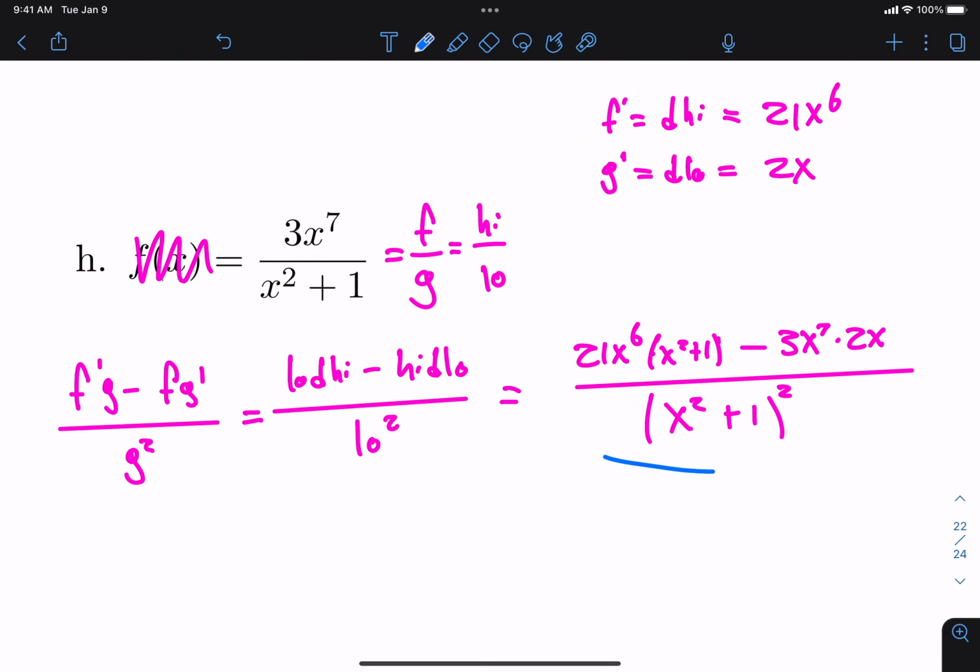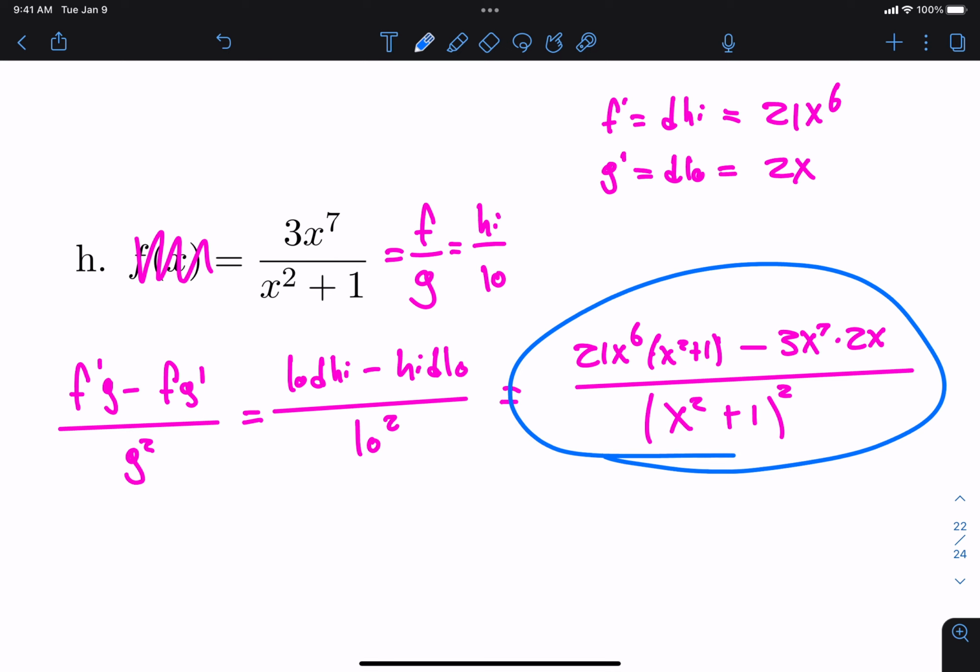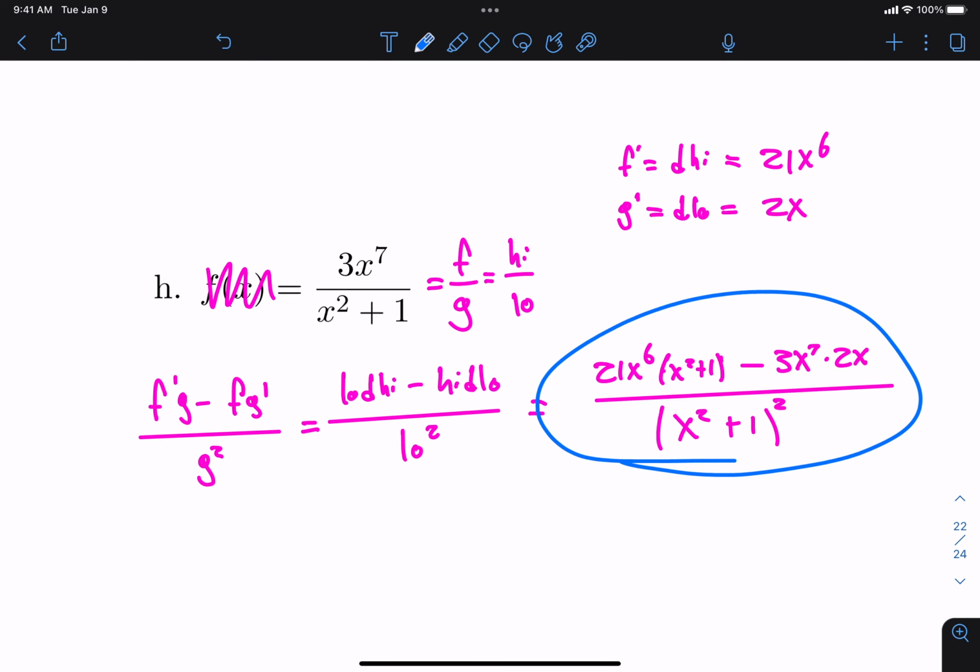And we can just leave it at that. If you want, you can simplify, but if the problem doesn't say fully simplify, why would you do more work than I ask you to, right? So that's the quotient rule, how you can remember it, the two different formulas, and how to apply it for this one.